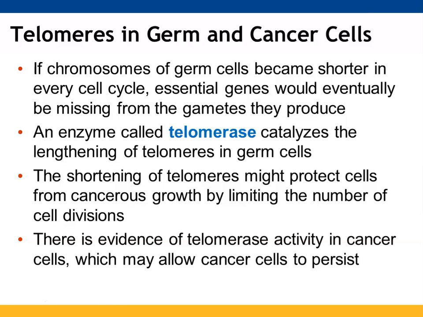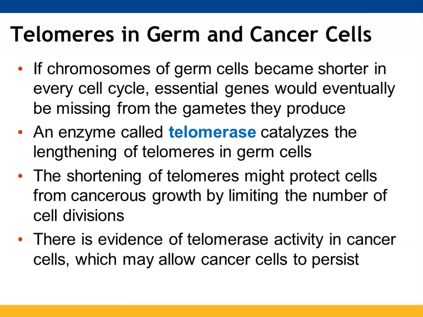Telomerase is an enzyme, and it's able to help to protect those gametes and those germ cell chromosomes by lengthening the telomere regions on them. And so by having those there, it's going to help to make them more protected for the replication process that they still have yet to go through.